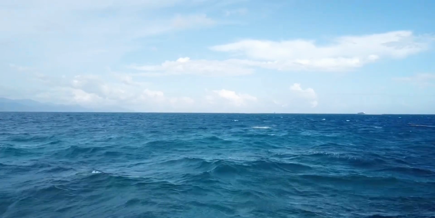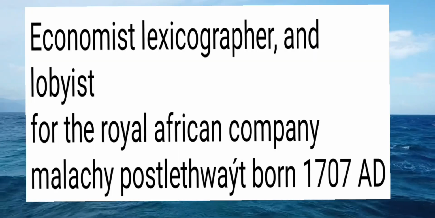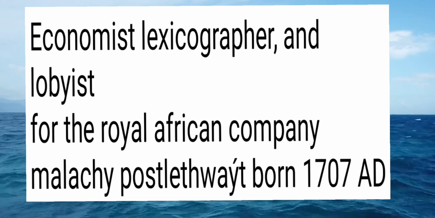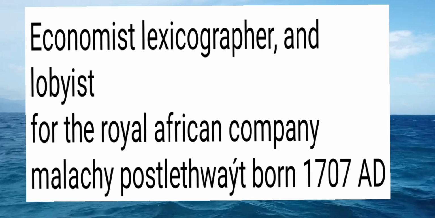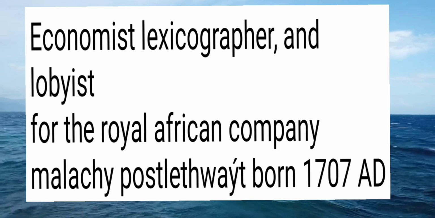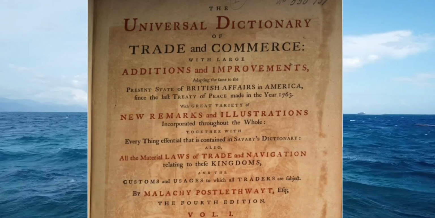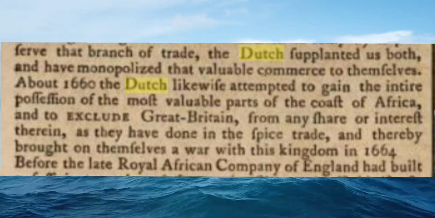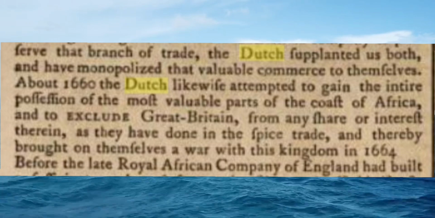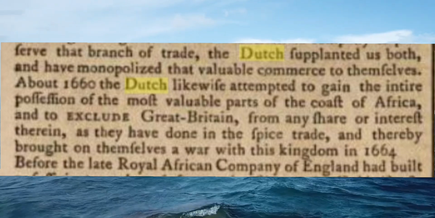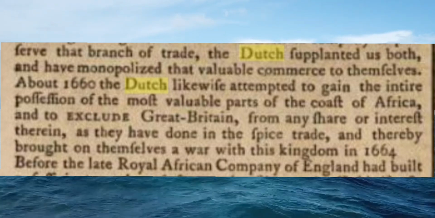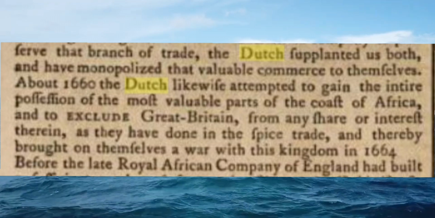Now we're going to look a little further into the Royal African Company. The source we're going to be reading from is a member of the Royal African Company who would have the records. And it says, the Dutch supplanted us both and have monopolized that valuable commerce to themselves. About 1660.